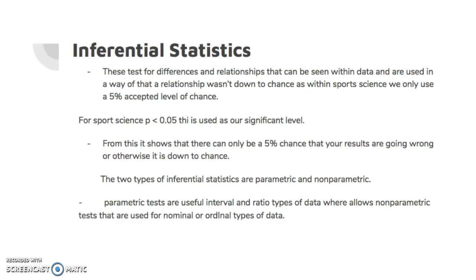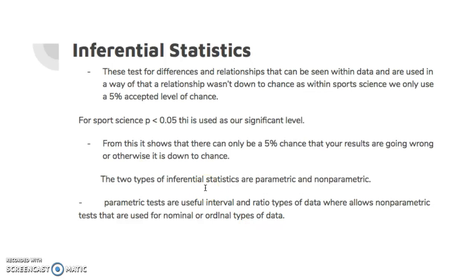For sports science, a P of 0.05 is used as our significance level. From this, it shows that there can only be a 5% chance that your results are going wrong, or otherwise it is down to chance. The two types of inferential statistics are parametric and non-parametric.